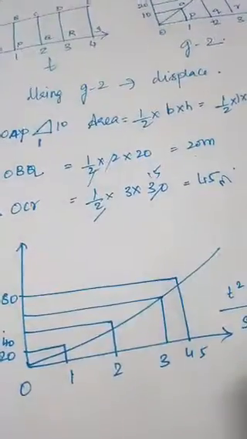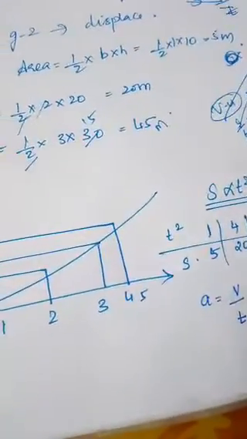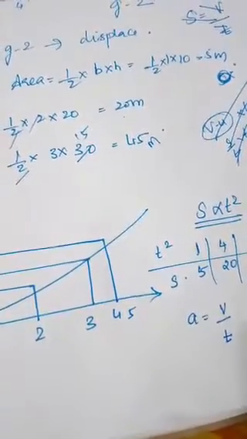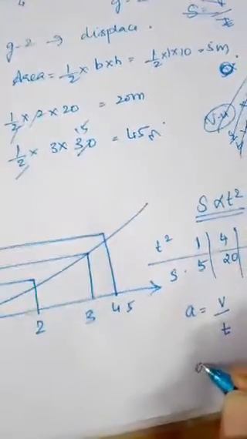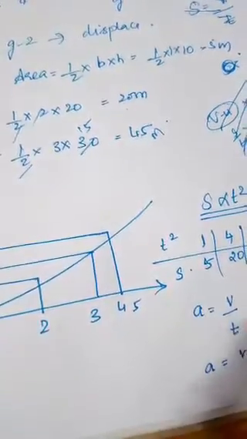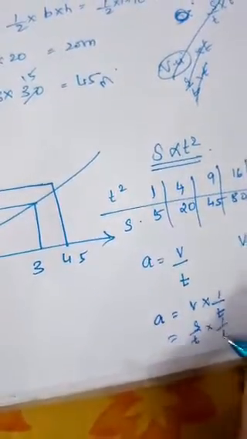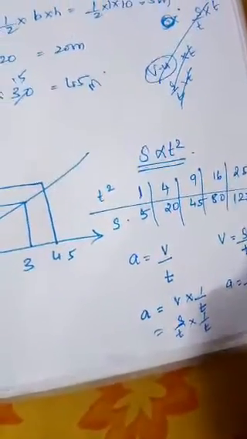Velocity is nothing but S by T. Now what is my V value? It will become S by T. Substitute here, A is equal to V into 1 by T. Now what is your V value? S by T into 1 by T. Therefore A is equal to S by T square.